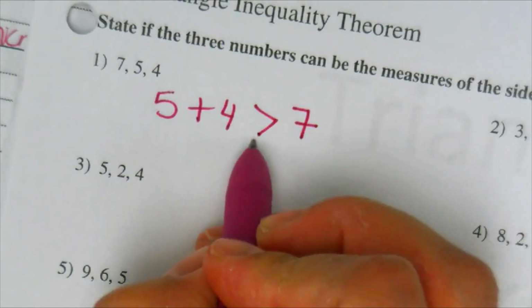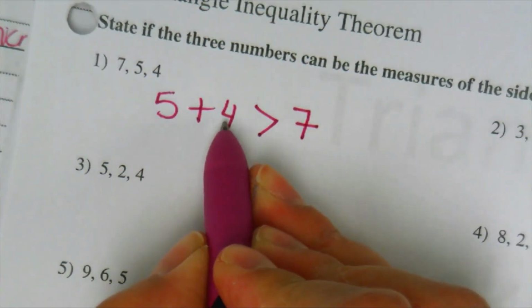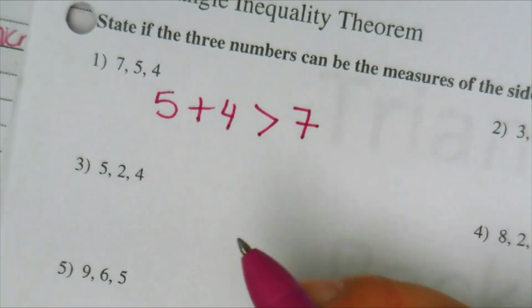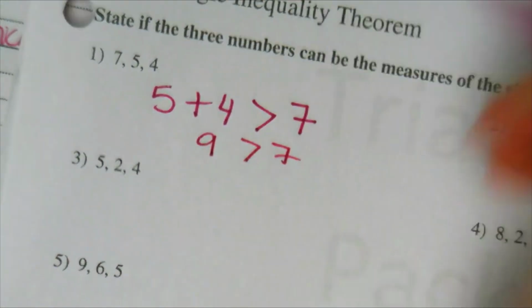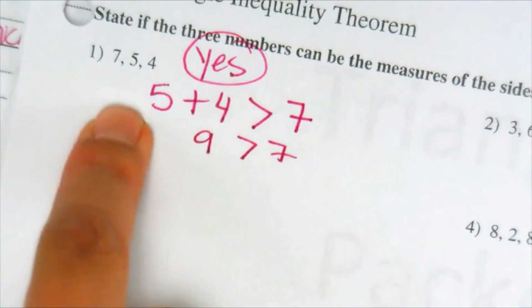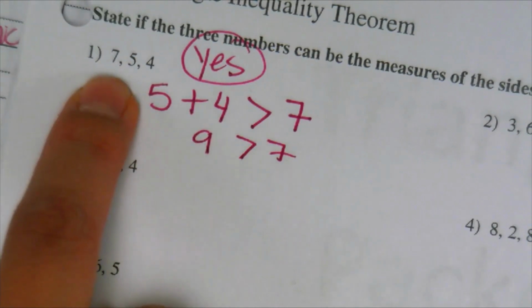So it has to be greater than. So what's 5 plus 4? 9. Is 9 greater than 7? Yes. So these three numbers can be a triangle. Yes, we can make a triangle using the numbers 5, 4, and 7.